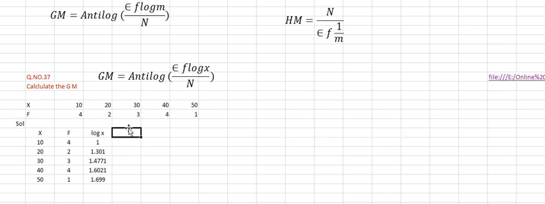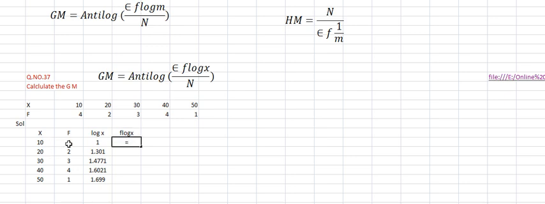Now move to the question. Log x is computed. Now the formula is what? F log x. That is what you have to find. Clear? How?